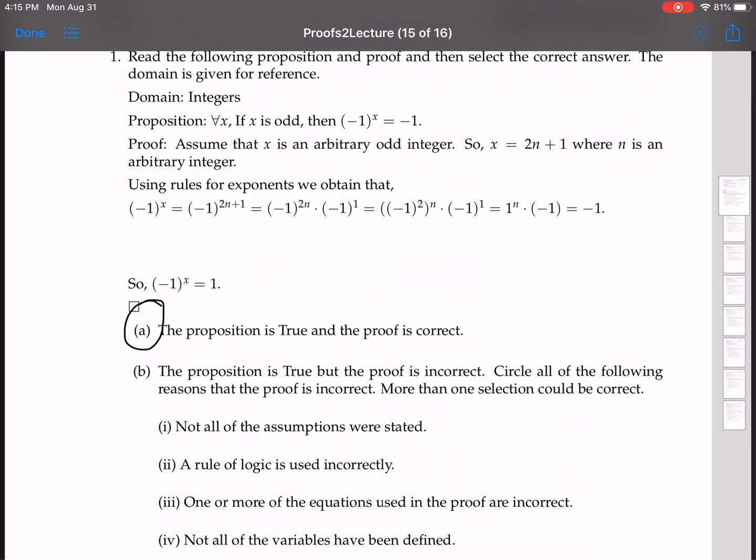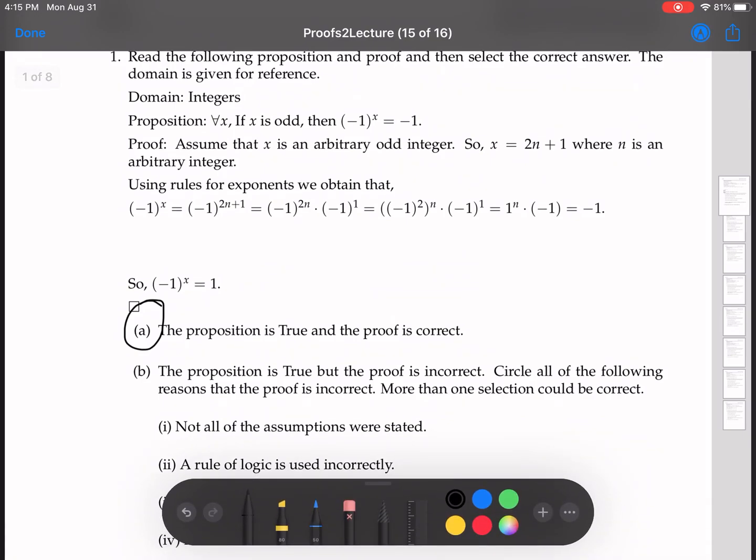Here in our proof, the assumption, if you remember, is if P, then Q. So this is P here, and this is Q. Really, stating the assumptions is just to write down whatever the if part is, whatever P is. So you can see I've written that down right there. Okay, so we've got that.